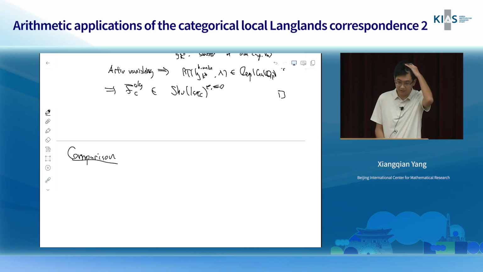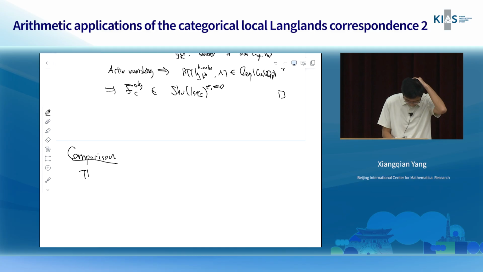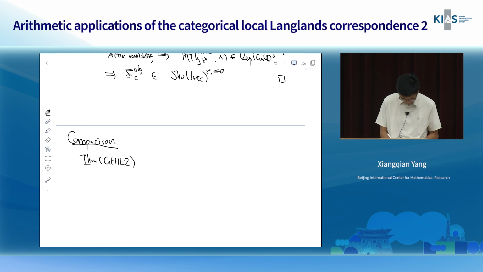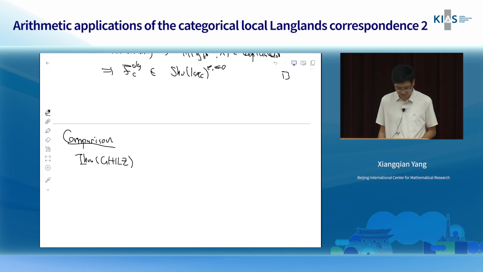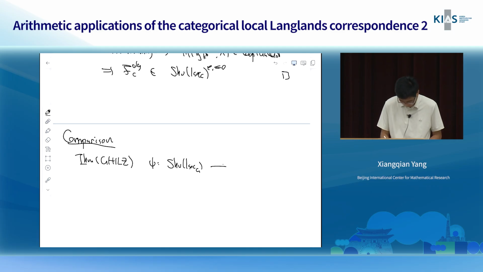Recall yesterday Ian constructed this comparison functor by Ian Gleason, Hamann, Ivanov, Lorenzo, and Zhou, a canonical equivalence from sheaves on S of G to D on G, assuming that lambda is torsion.